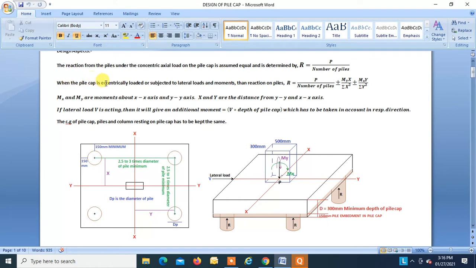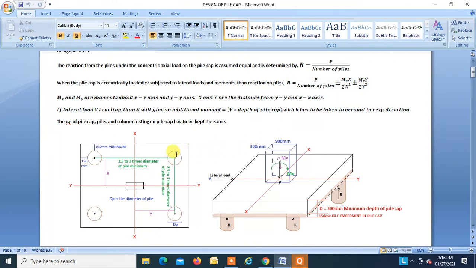When the pile cap is eccentrically loaded or subjected to lateral loads and moments, then the reaction on pile R is equal to P by number of piles plus or minus My into x divided by summation of x square, plus or minus Mx into y divided by summation of y square.